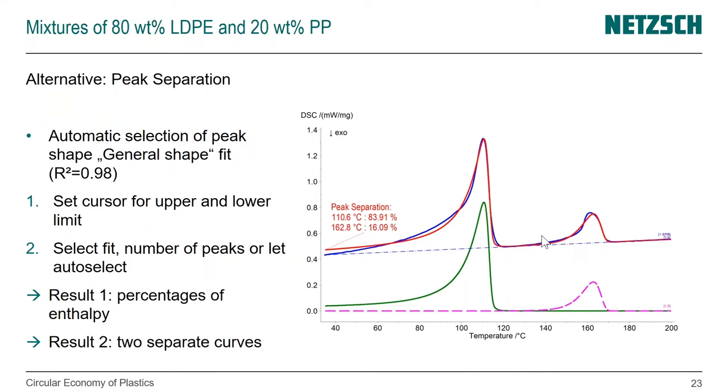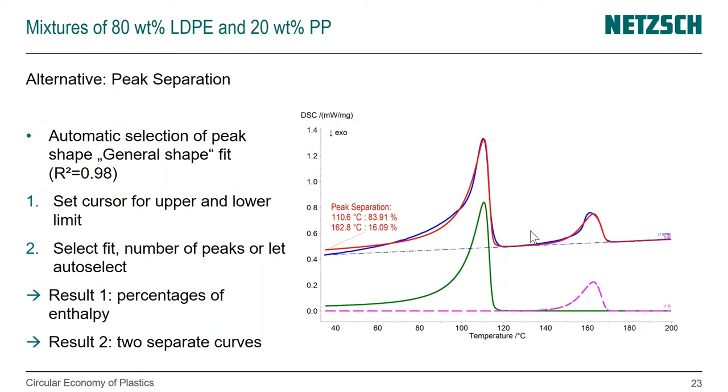What you see here is we picked automatic selection of peak shape, general shape. We got a very good agreement. In blue, you see the actual measured curve. In red, you see the fit that was performed. You see with PP, it's not as ideal, and you can improve that by changing the number of peaks.